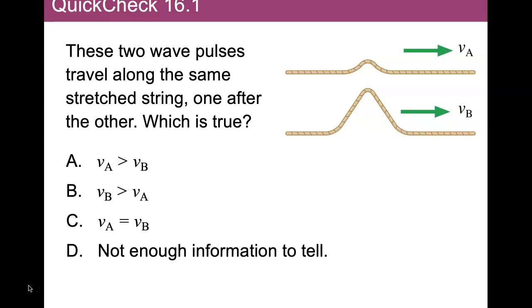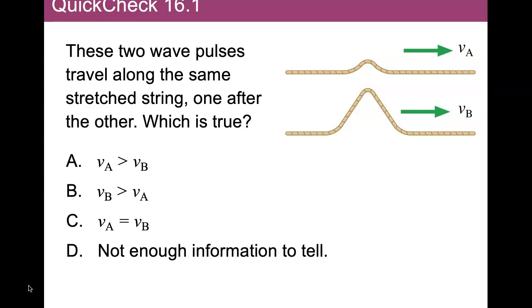So what can we say here? What's the difference between these two? It's the shape of the pulse, right? Which is basically how much we pulled it up and then brought it down at the source, how we generated the pulse shape, how fast and by how much you move one end where you generate the disturbance.